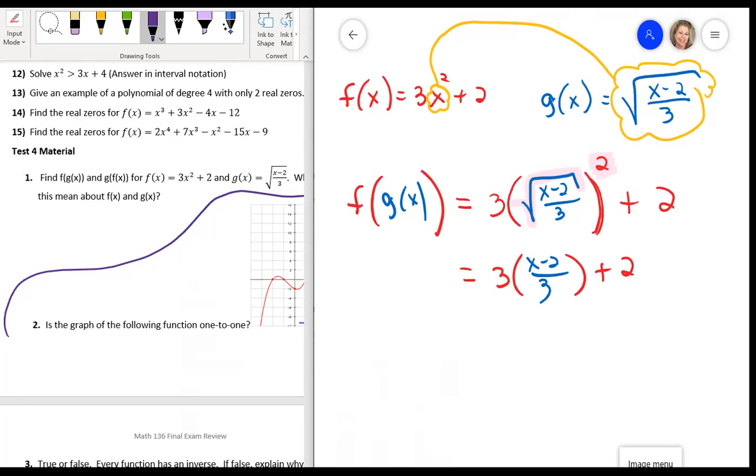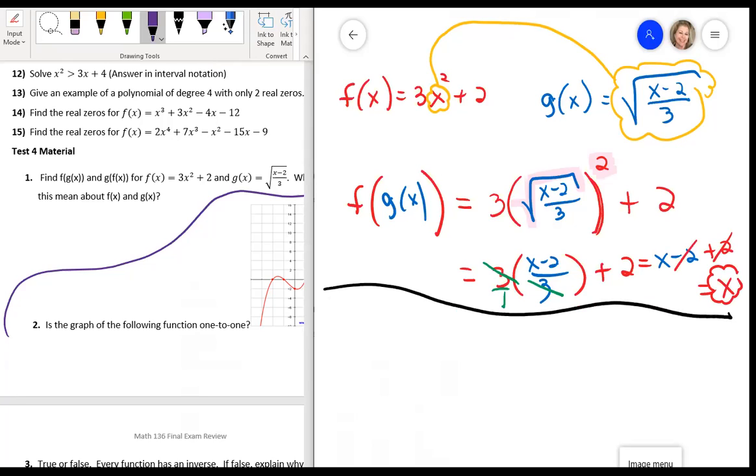And then, since I'm multiplying 3 times that, this is like 3 over 1, so the 3's cross cancel. So what I'm left with is the x minus 2, and then that red plus 2. And of course, the minus 2 and the plus 2 cancel out, and I'm just left with x. So that's f of g of x.